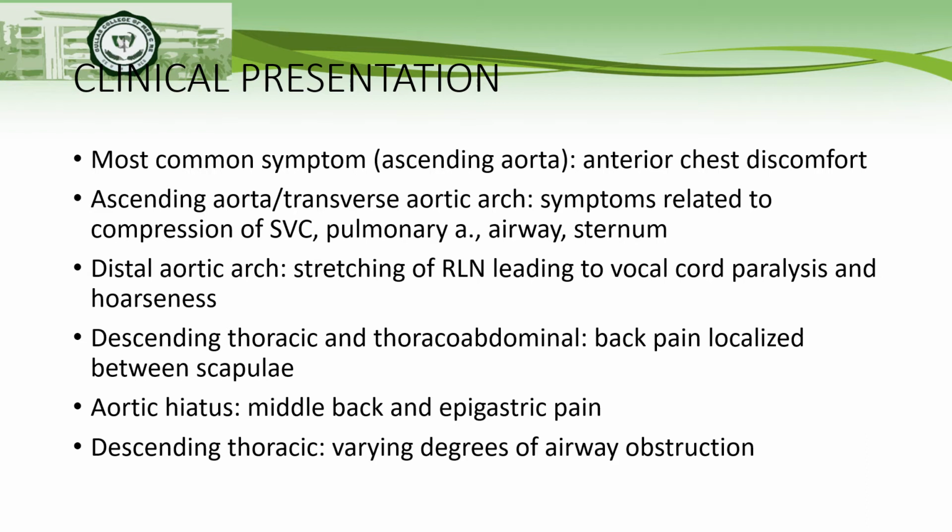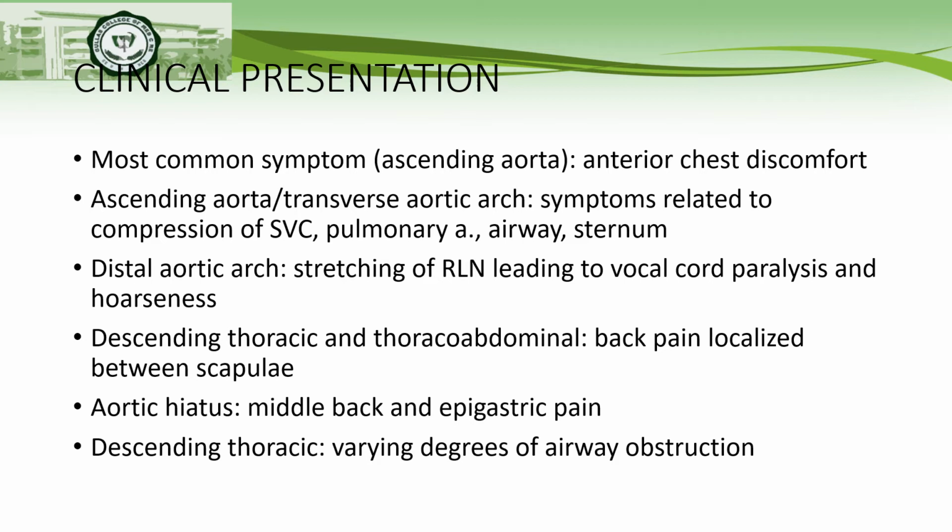Expansion of the distal aortic arch can stretch the recurrent laryngeal nerve, which results in left vocal cord paralysis and eventual hoarseness. Descending thoracic and thoracoabdominal aneurysms frequently cause back pain localized between the scapulae.